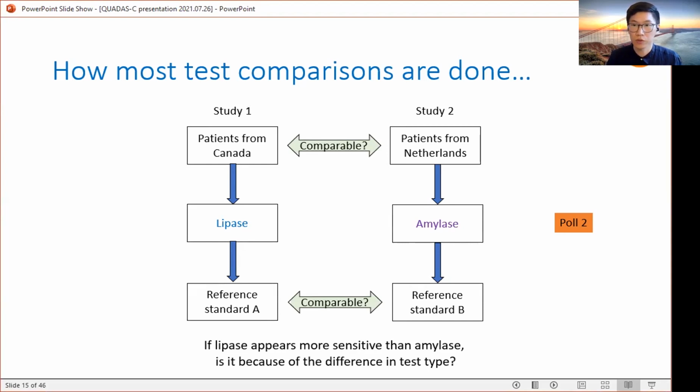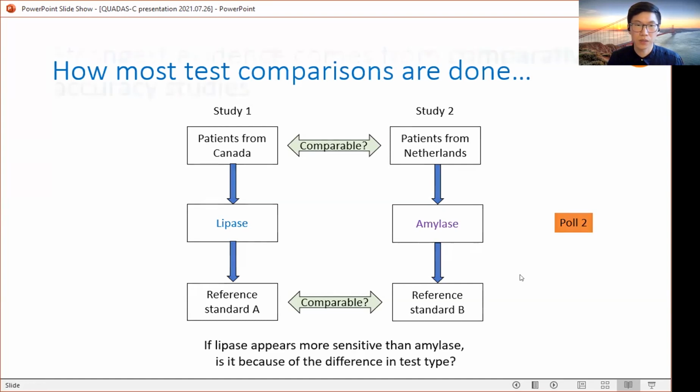We sometimes refer to these factors as confounders because this has parallels to causal inference. So we want to know whether the index test type is actually a causal factor affecting the accuracy of tests. These between study comparisons are clearly flawed and do not result in reliable estimates of comparative accuracy.